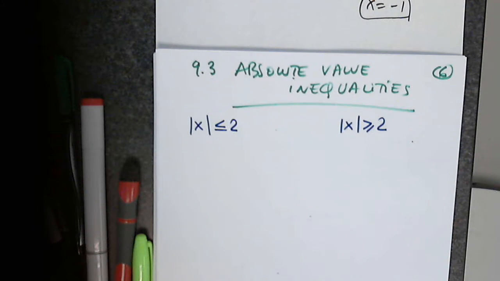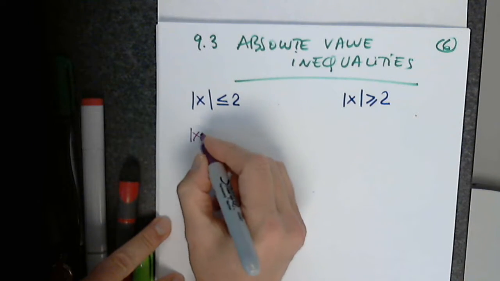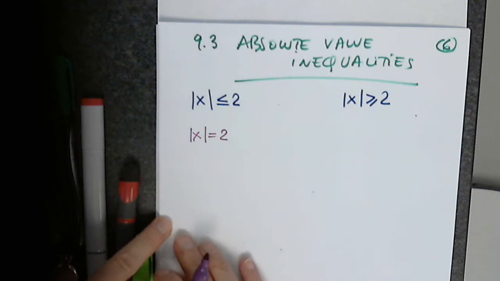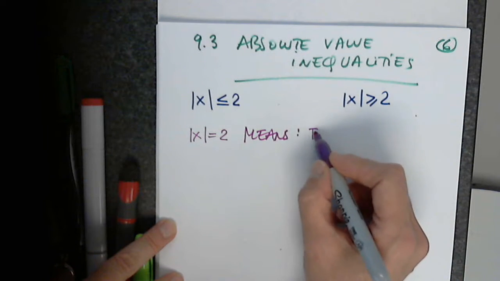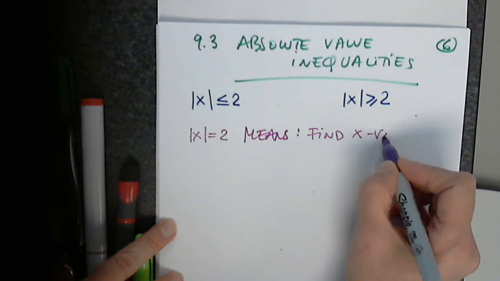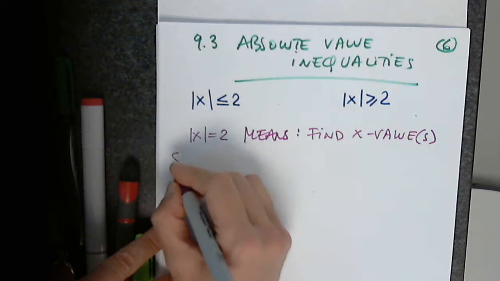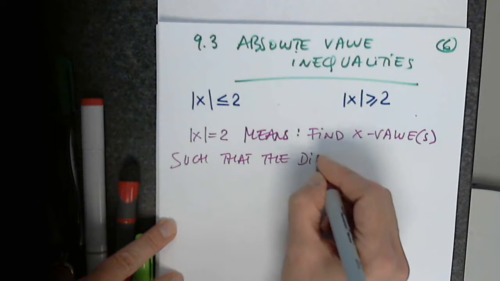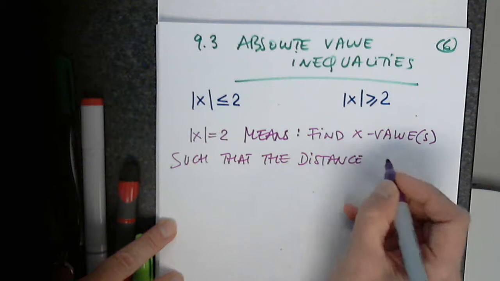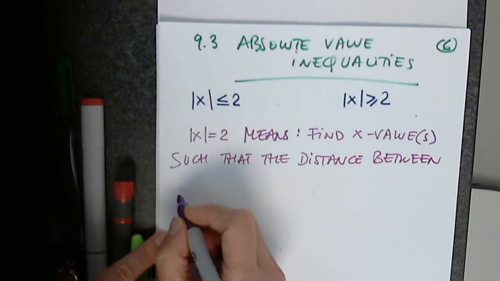Maybe before we proceed, since I promised to put it in writing, maybe I should put it in writing for the absolute value equations. So let's do that. So the absolute value of x equals 2 means find x value or values, such that the distance between what and what?